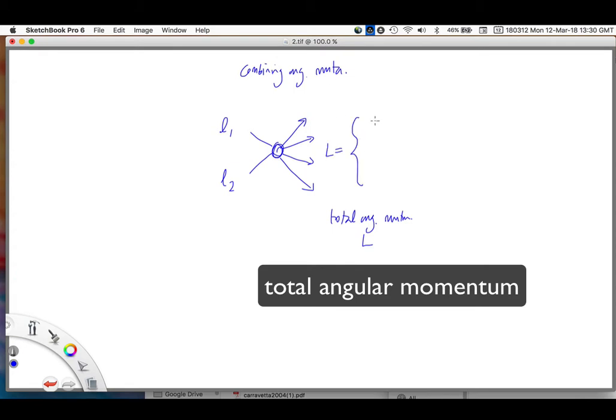They can be given by the sum of the two angular momenta. They can be the difference between the two angular momenta, neglecting the sign. Or they can be anything in between in steps of 1. So if we take the sum of angular momentum, subtract 1 and keep subtracting 1 until we get down to the difference, these are the possible values for the total angular momentum.